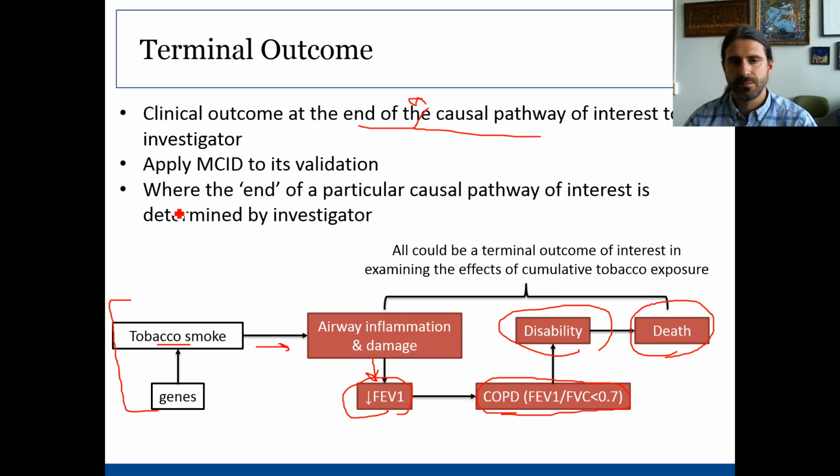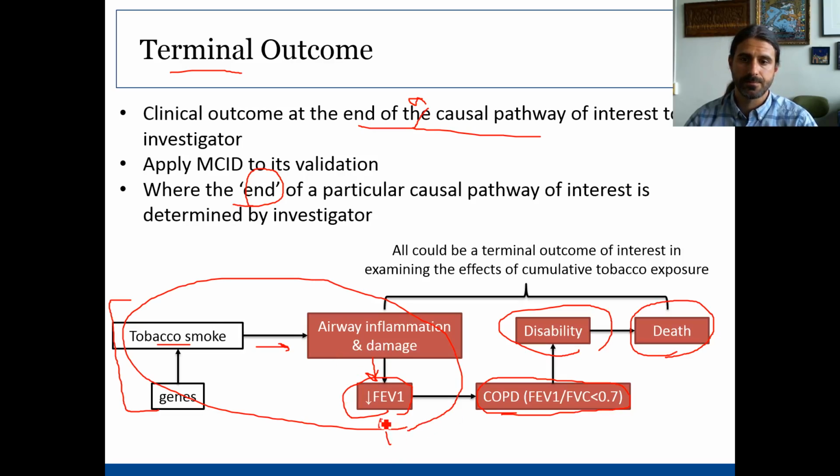Where this term becomes a little nebulous is in the fact that, what is terminal? Where is the end of a particular causal pathway? Really, it's the investigator that decides what the end of the pathway of interest is that they're studying. So if my intention is to study tobacco smoke's effect on lung function, then this is the pathway of interest, and this is the terminal outcome of interest.